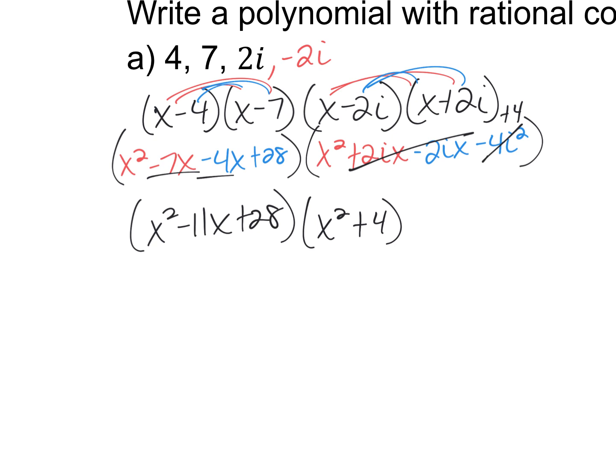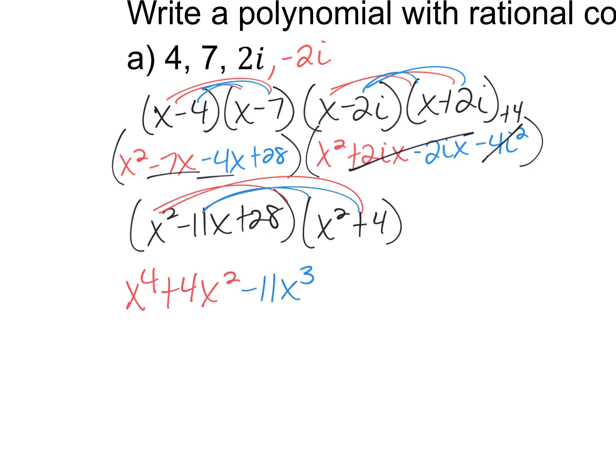Okay, distribute again. So I've got x to the 4th plus 4x squared minus 11x cubed minus 44x plus 28x squared plus, what is 28? I think it's 112. Yep, 112. All right, clean it up.